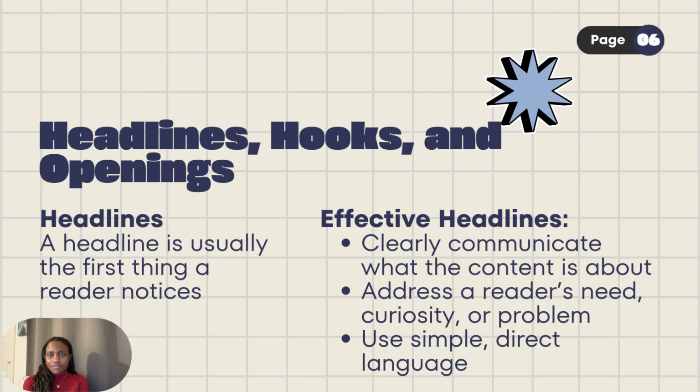And lastly, an effective headline should use simple and direct language. Do not forget, the less you do, the more effective your content is. So do not overdo, do not overstimulate your readers with an exaggerated headline. Just keep it simple, use direct language.